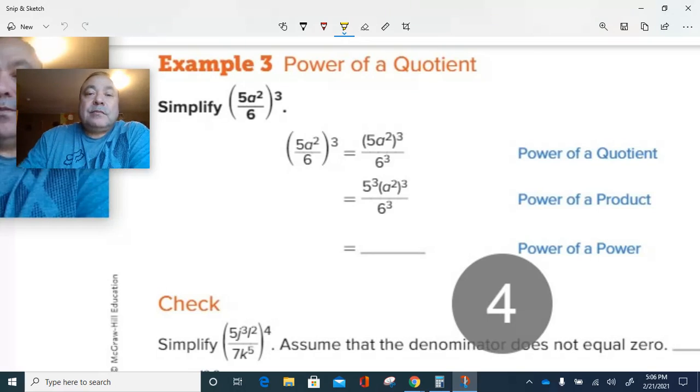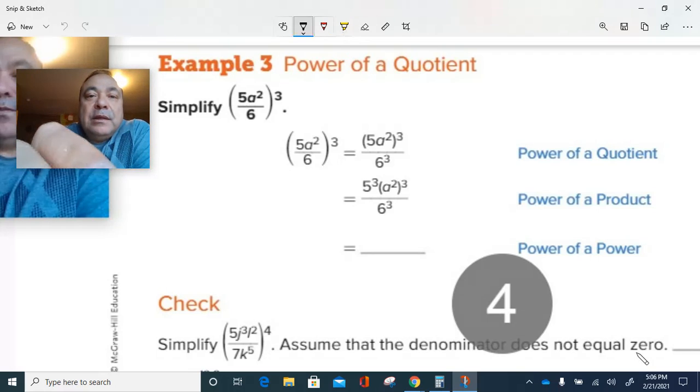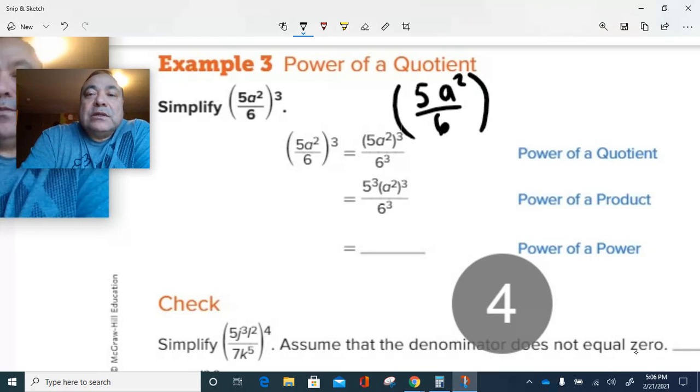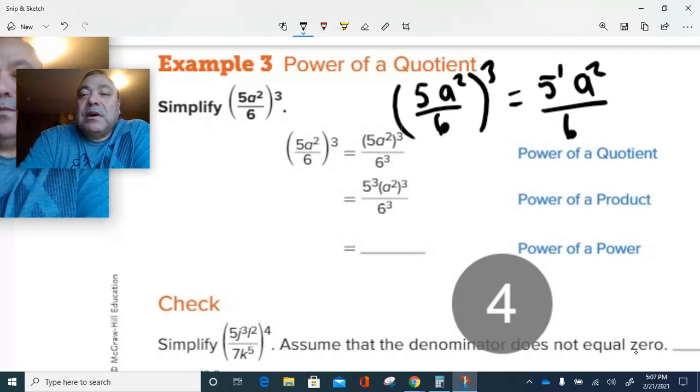So it's really, really important that you see, like in this situation right here, that if you have a 5 times a squared over 6 to this third power, guys, then that's the same thing as if you cannot do anything else, you can say, well, that's 5 to the first power times a squared over 6 to the first power right there.